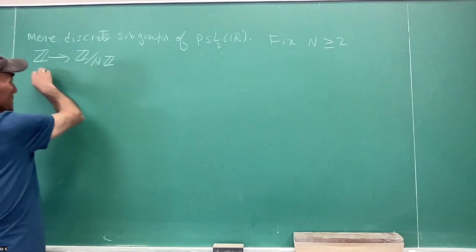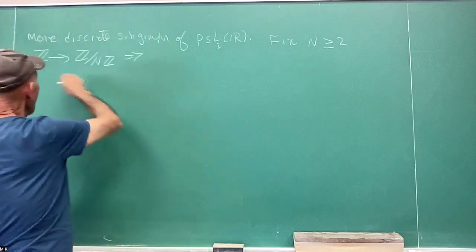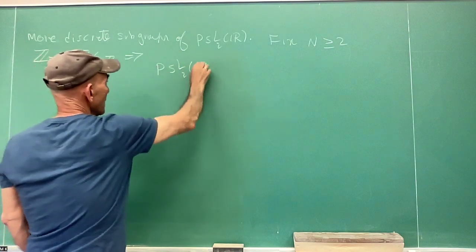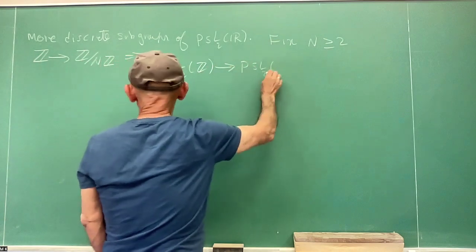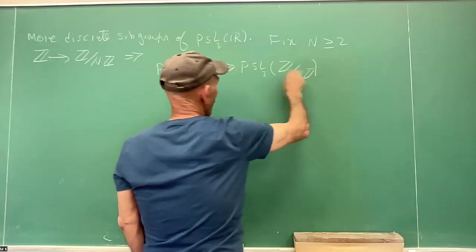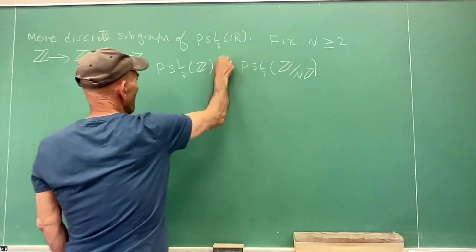This quotient map is a ring map, so this induces a map between the corresponding groups, PSL2Z to PSL2 of Z/nZ. Of course, this is a finite group, and I call this map pi maybe.